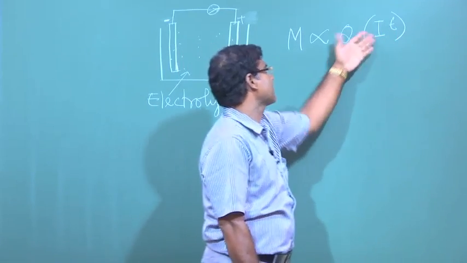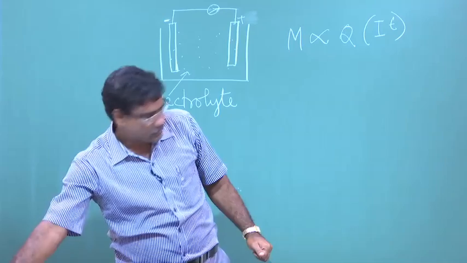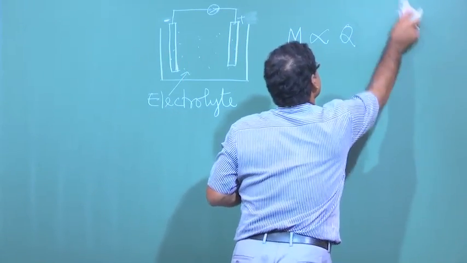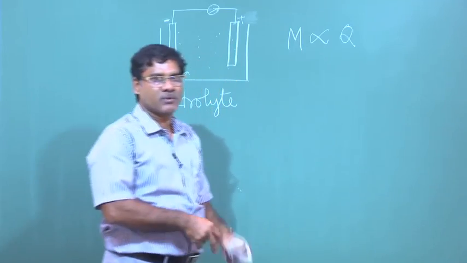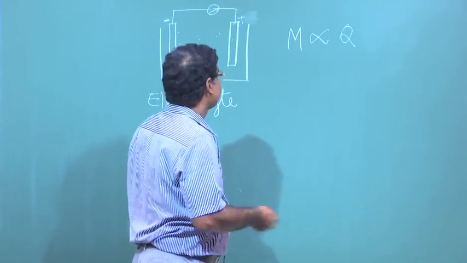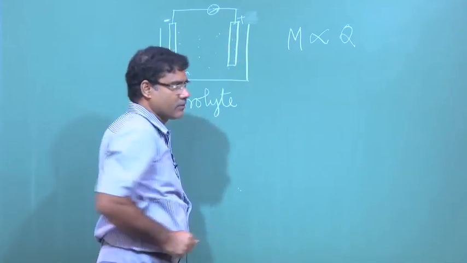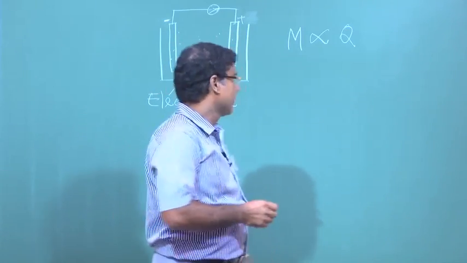That is basically the charge. So mass deposited on the electrode is proportional to the charge. If more and more charge flows, the mass deposited on the electrode will be higher and higher.